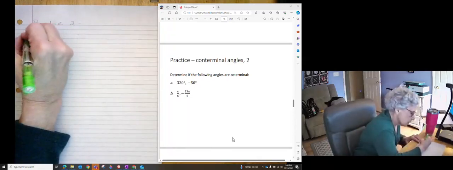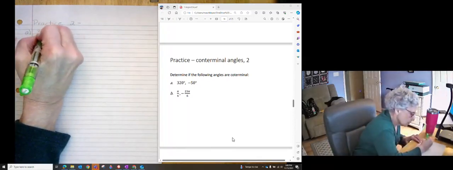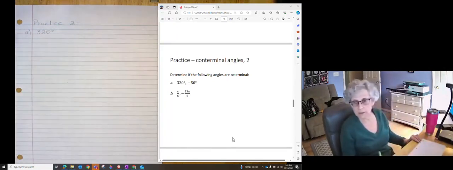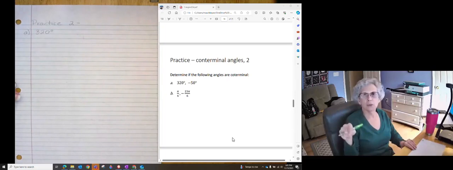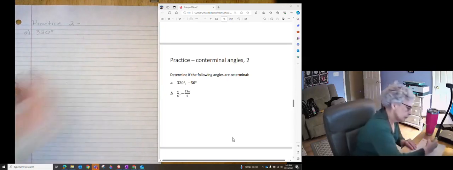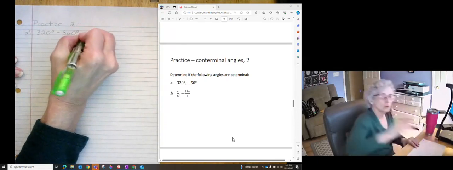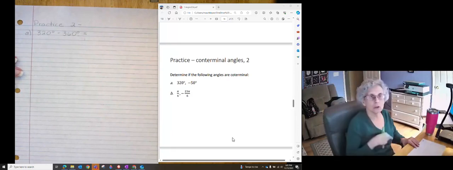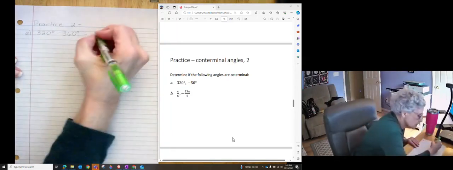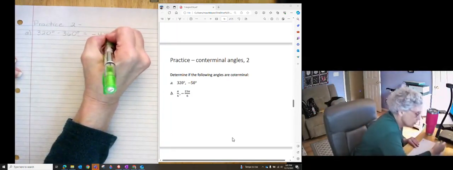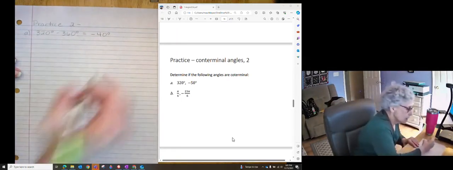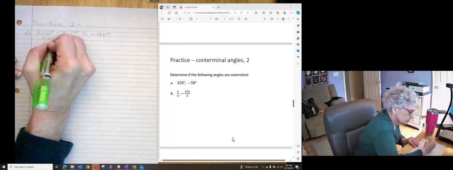So if we start with 320 degrees and we want to know if we can get to negative 50, let's subtract 1 trip around the circle from 320 degrees. That takes me to negative 40 degrees, so no, these are not coterminal.